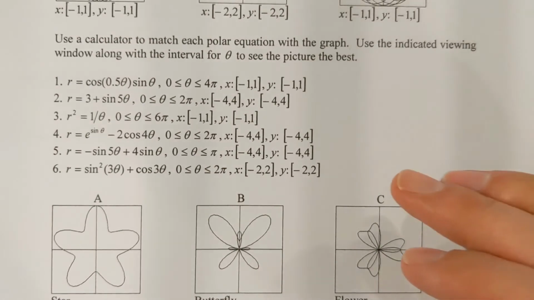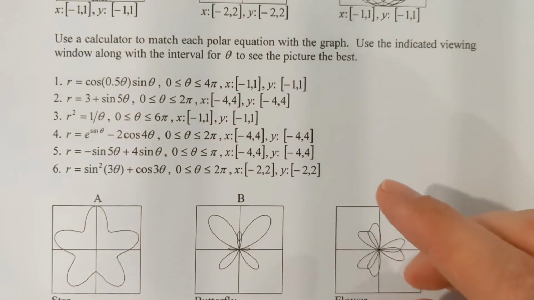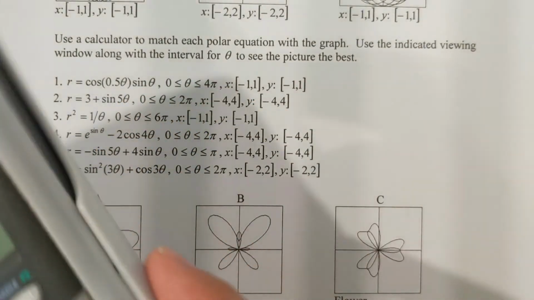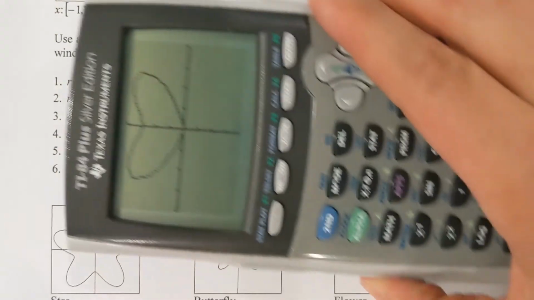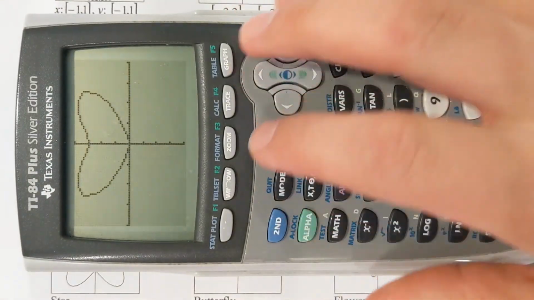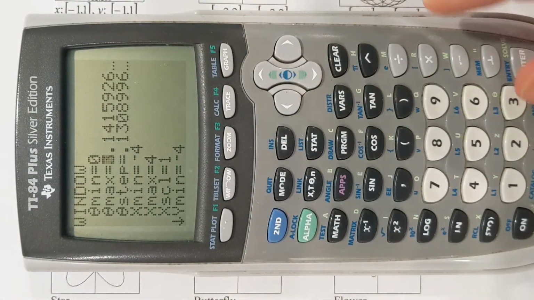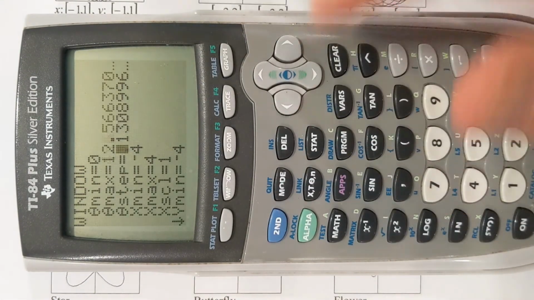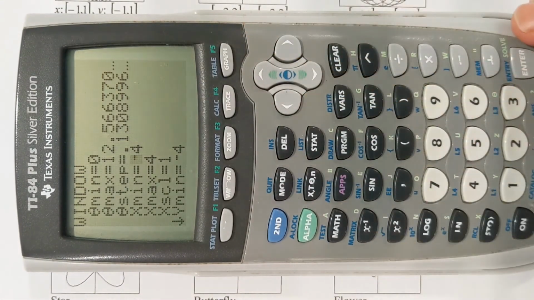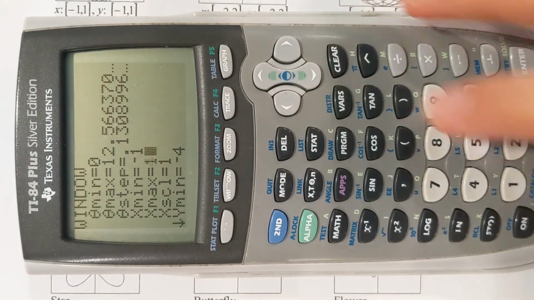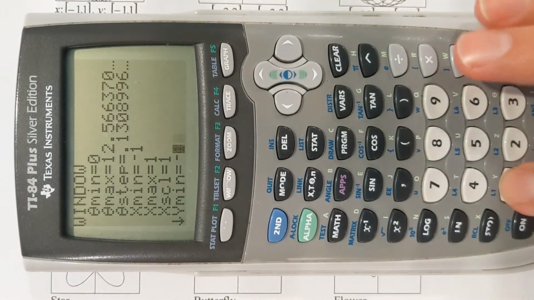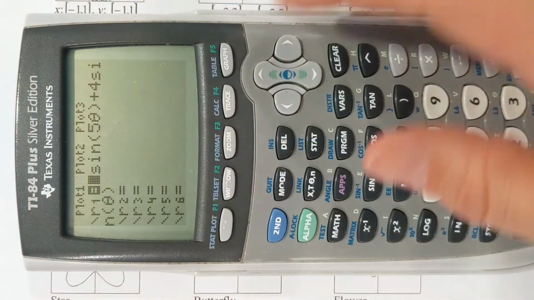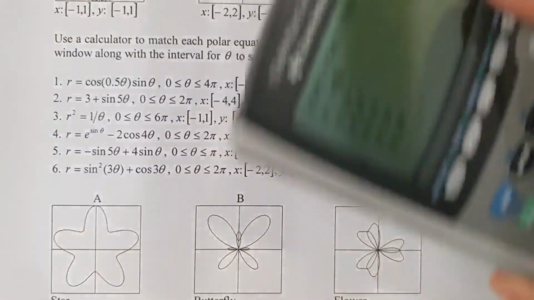Okay, we'll go to problem 1 next. I'll have to change theta so it goes from 0 to 4 pi, and I also need to change the window so that we're going from negative 1 to 1, I think was the viewing rectangle we're using next. So then you can type in the equation.